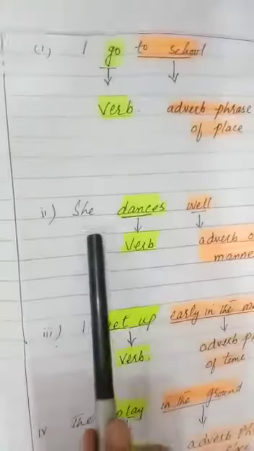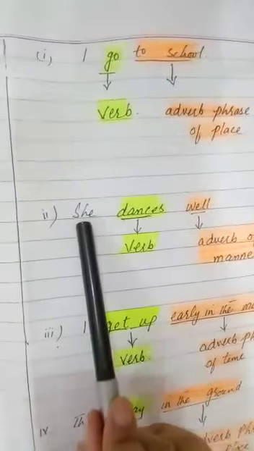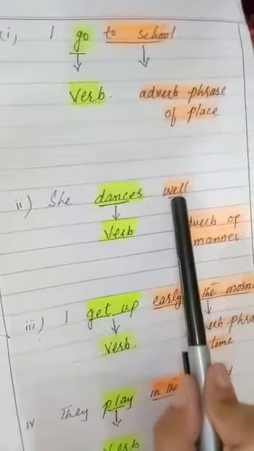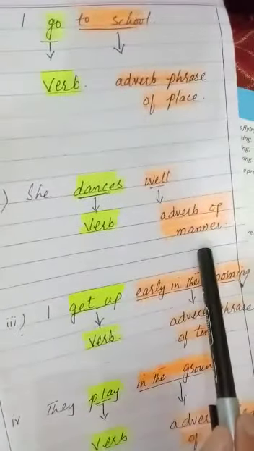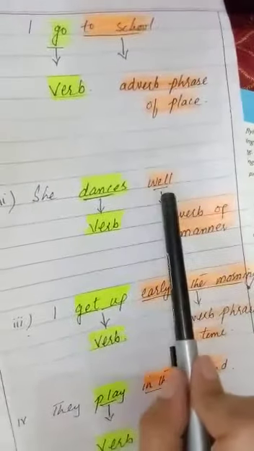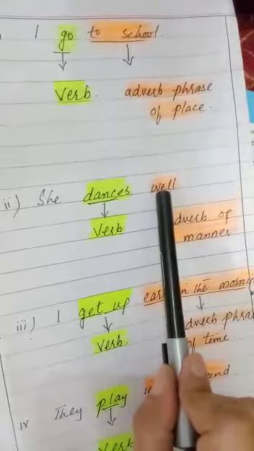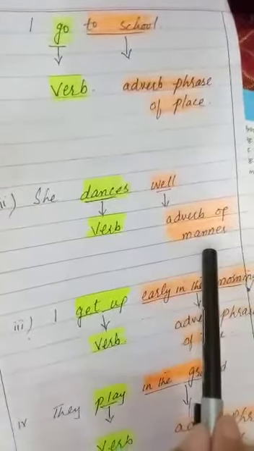She dances well. She is the subject, dances is the verb, well is an adverb of manner. Well is not an object because this is not a noun, not a noun phrase, not a pronoun, so that word is an adverb of manner.